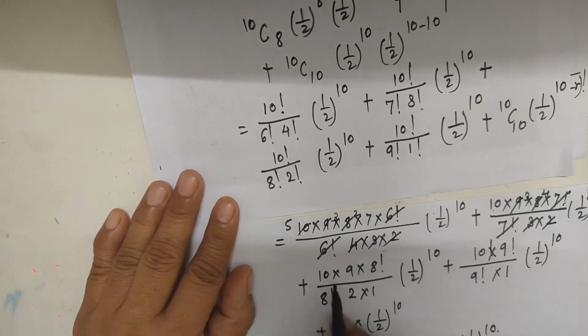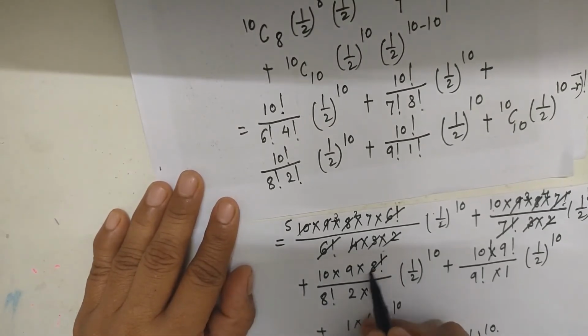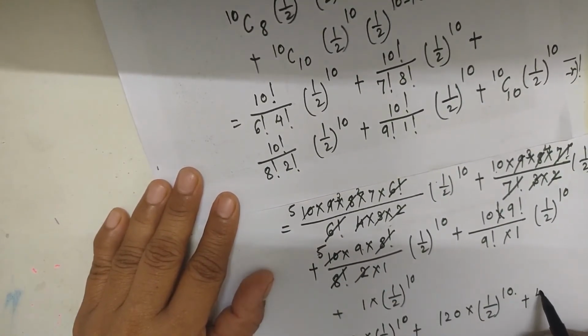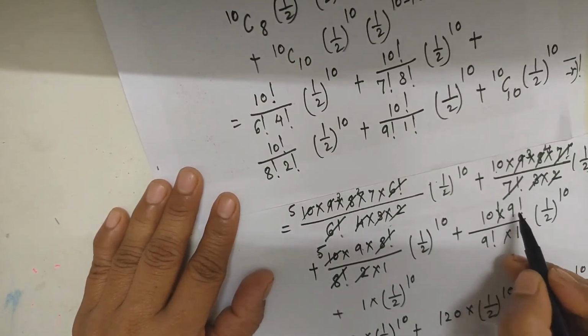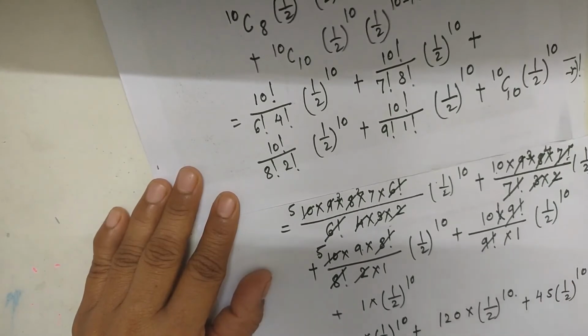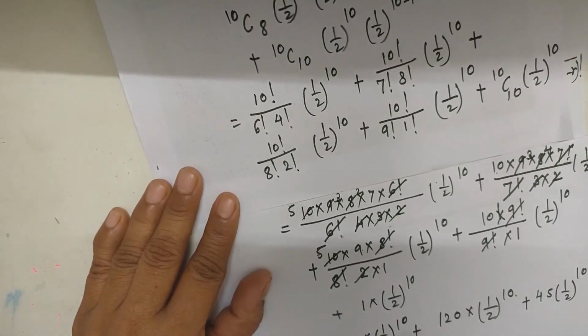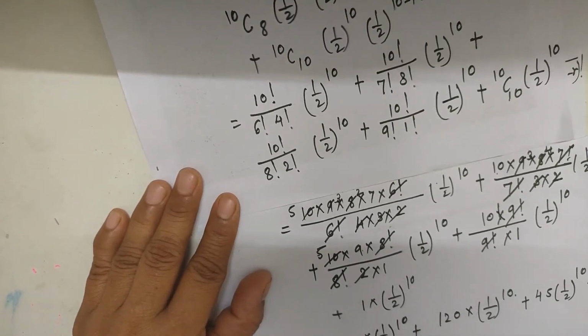Now the next term is 10 into 9 into 8 factorial, which will be cancelled. 2 5s are 10, 5 into 9 is 45, 45 into half raised to 10, plus here 9 factorial will be cancelled, and 10 into half raised to 10, plus the last term is half raised to 10.